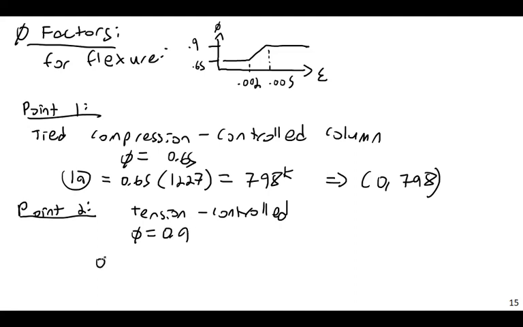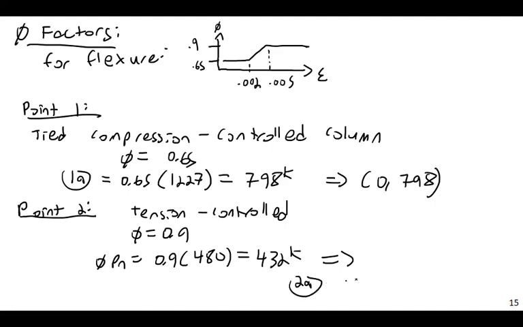So phi Pn then is equal to 0.9 times the 480. And this is going to equal 432 kips. So that becomes a point, this is 2a, of 0, 432.